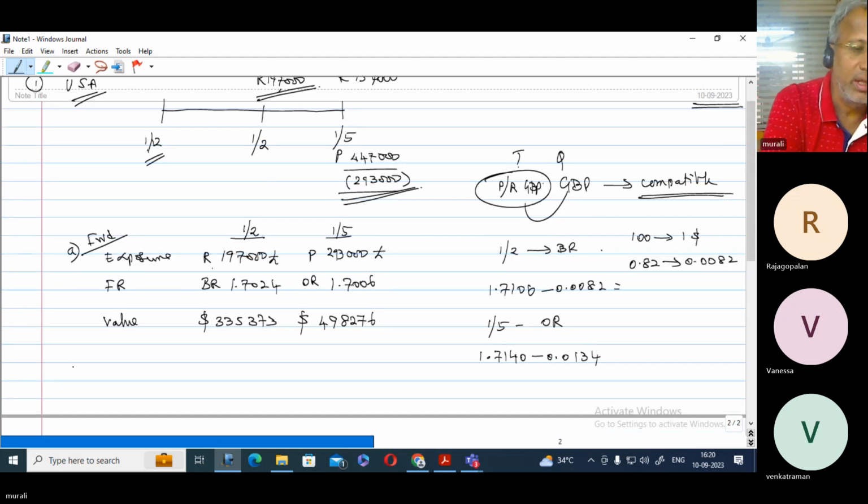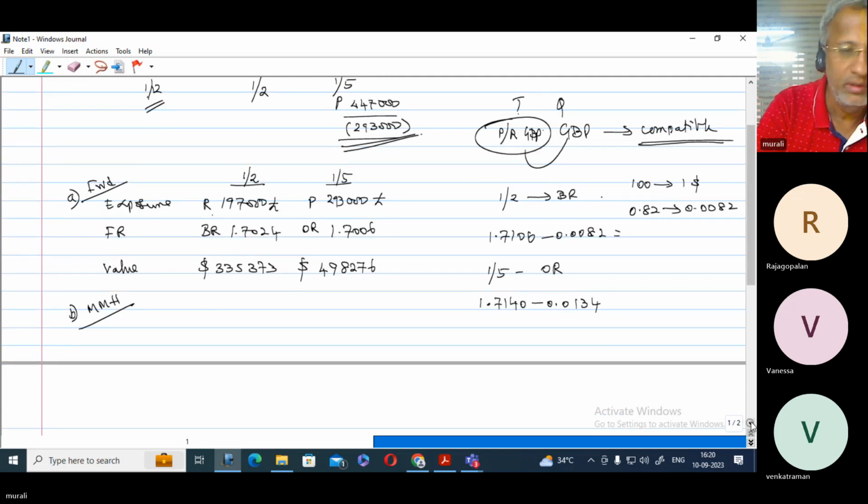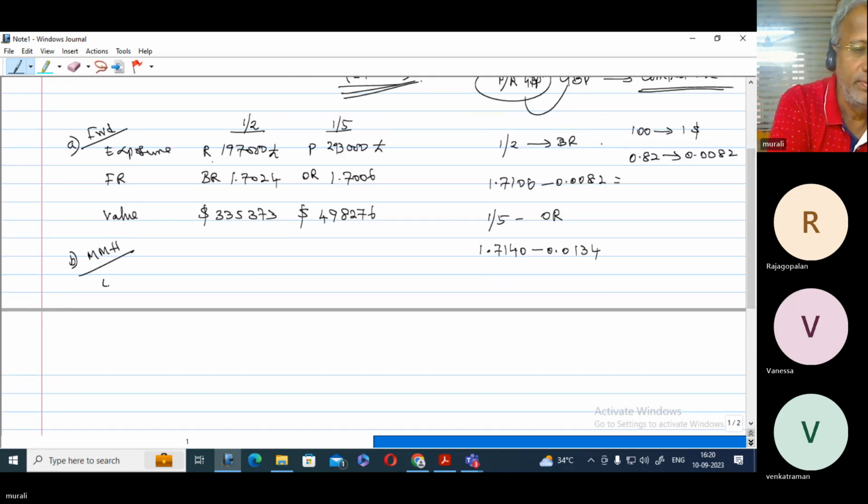Then comes item number B. We have the next one as money market hedging. We have money market exposure. Under that, it is exposure so much.